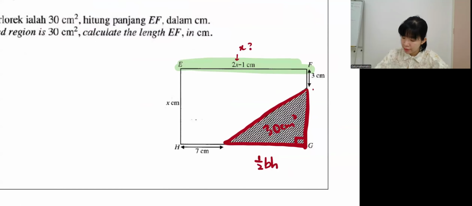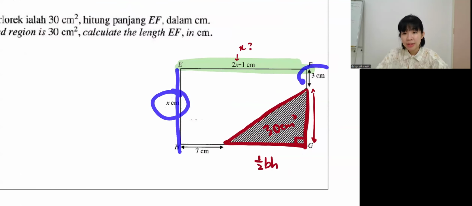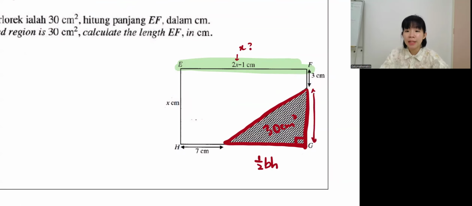Now, check first. What is the height of this triangle? So this whole thing, x. This one, 3. So the remaining is 3 minus x or x minus 3. x is the whole thing. Then this one, 3. So we have to take x minus 3. x is a bigger number. Okay, then how about the width, the base here?